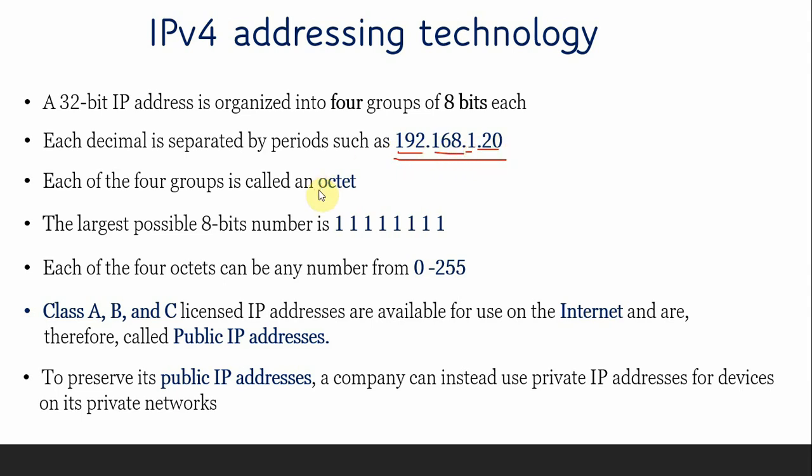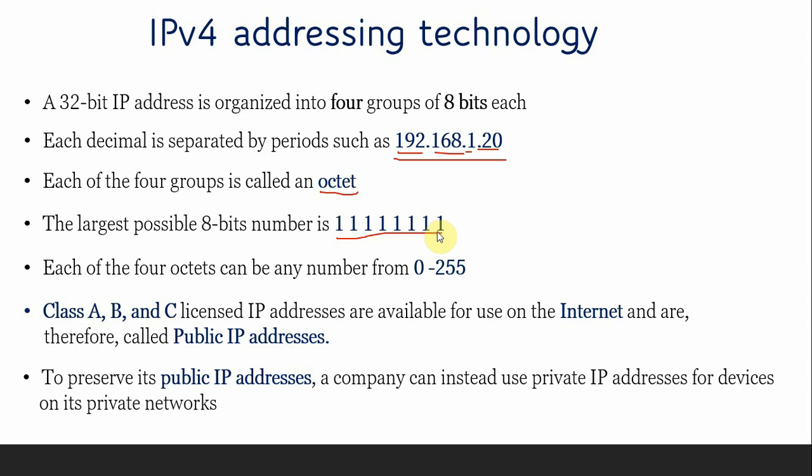Bear in mind that's the name, octet. I said that each group or each octet contains 8 different binary numbers. It could be 1 1, it could be 0 0, or any of them. The largest possible 8-bit binary value that we can have in each octet is all ones.